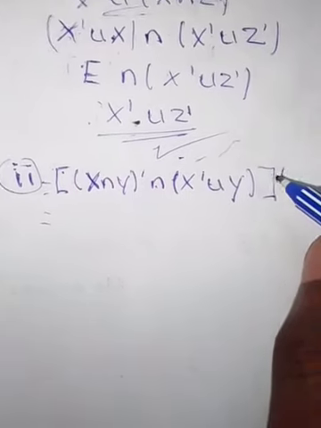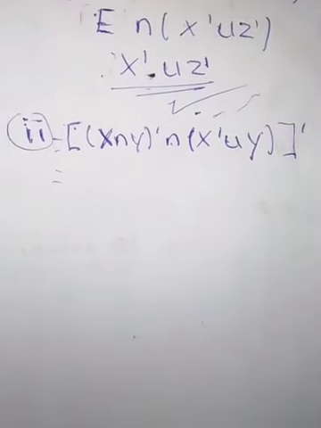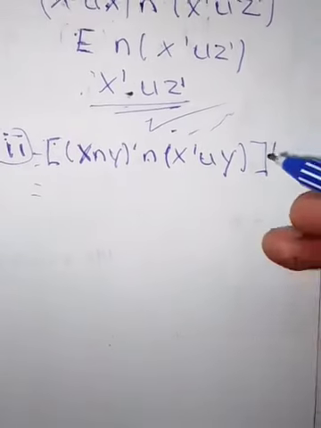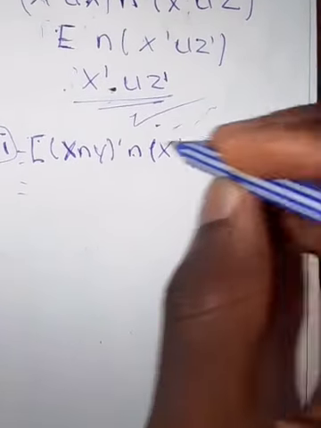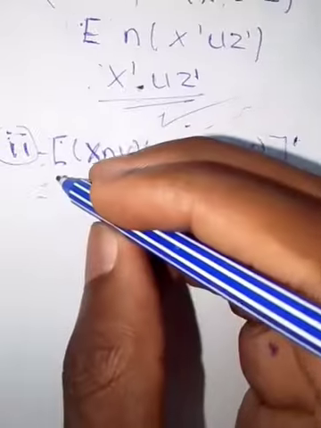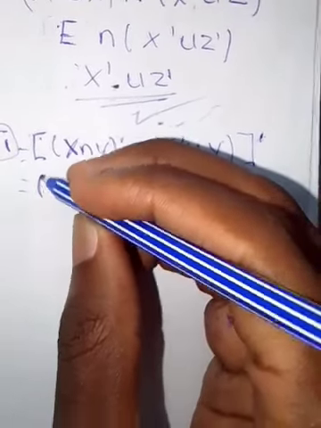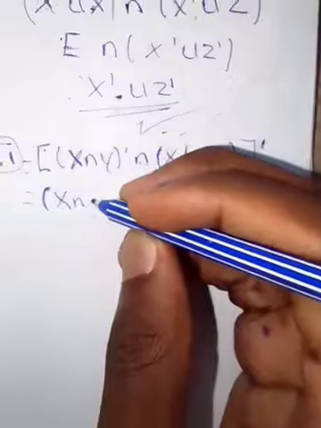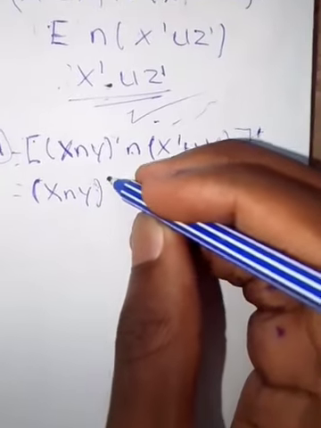So first of all, as you can see, the whole expression is wrapped inside the square bracket, and there is a complement outside, so we are going to multiply these two. So this multiplied with this is going to cancel, right? So we are going to have x intersection y.